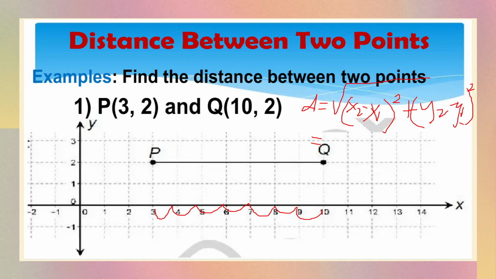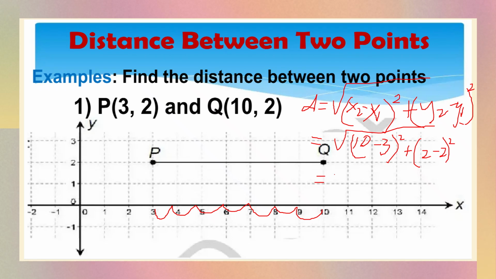So we have here the x. We have the absolute value of 10 minus 3 squared plus 2 minus 2 squared.